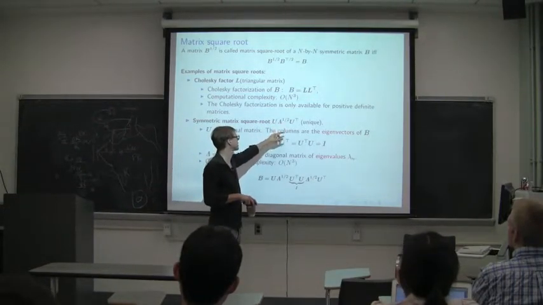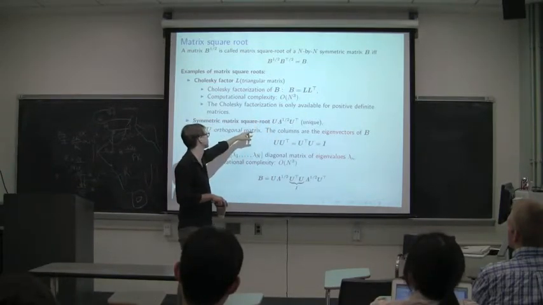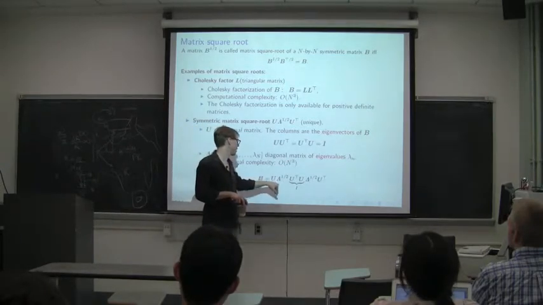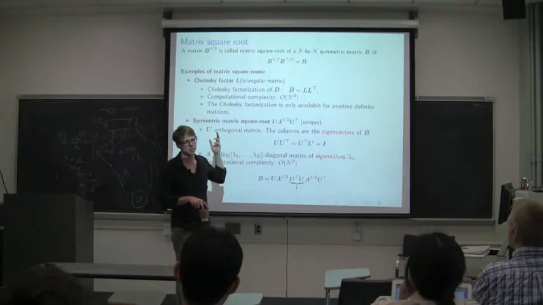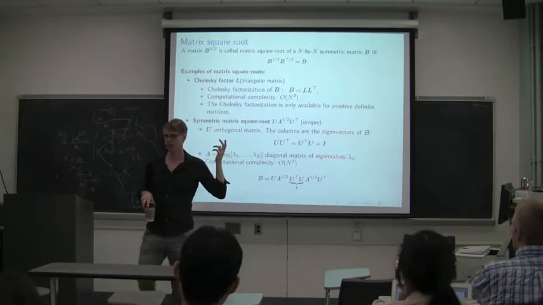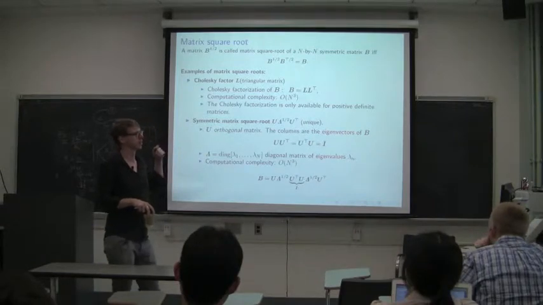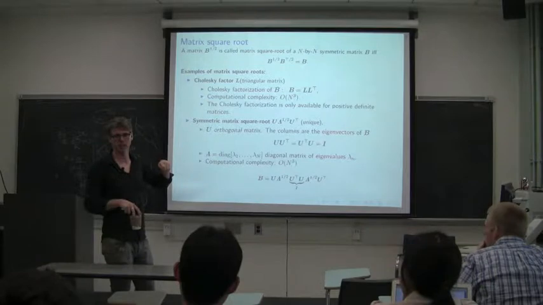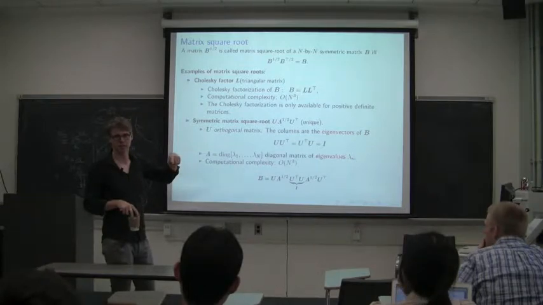U is a unit matrix. And the eigenvalue decomposition is basically, if B equals U lambda U transpose, then lambda holds the eigenvalues of B, which means that if we take an eigenvector and multiply it by the matrix, then what we get back is the corresponding eigenvalue times that eigenvector.